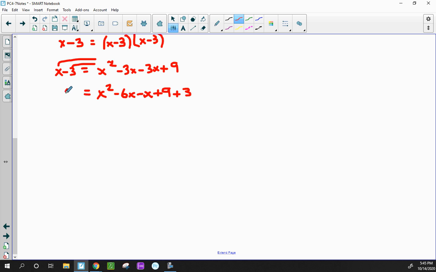And then there's nothing left on the left side, so I'm going to put a 0. So 0 is equal to x to the second minus 7x, and then plus 12.